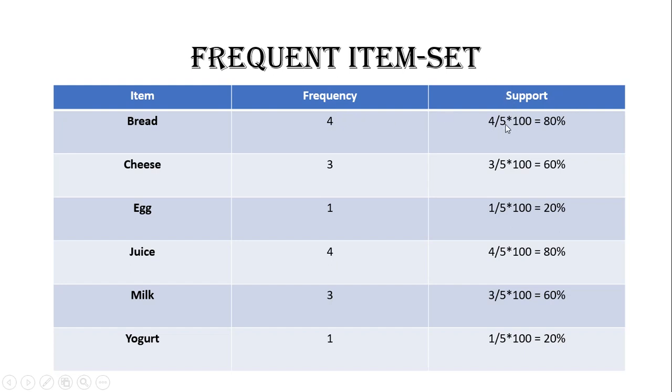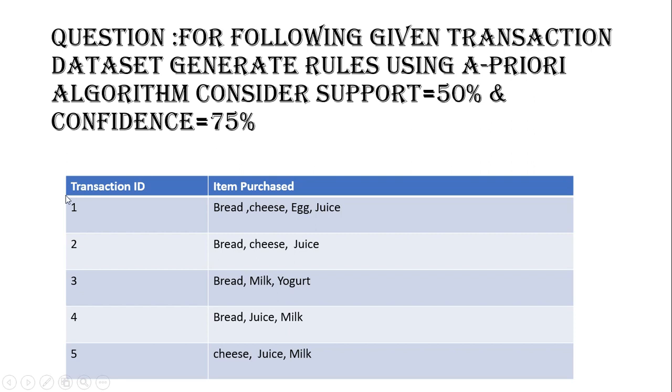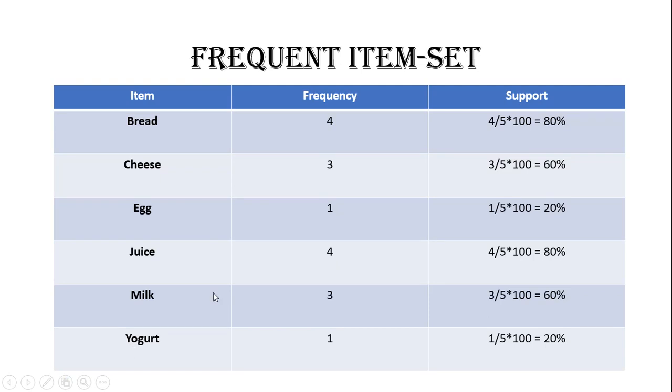So 4 by 5. Why 5? In the given question we have 5 transaction IDs, so we divide by the number of transactions. So 4 by 5 multiplied by 100 is equal to 80%.